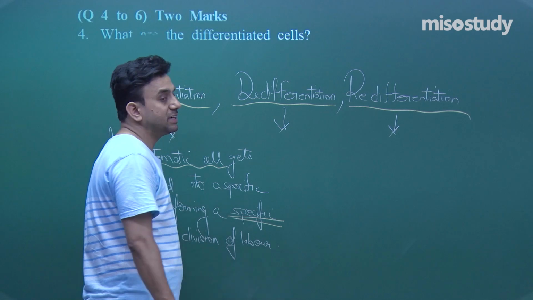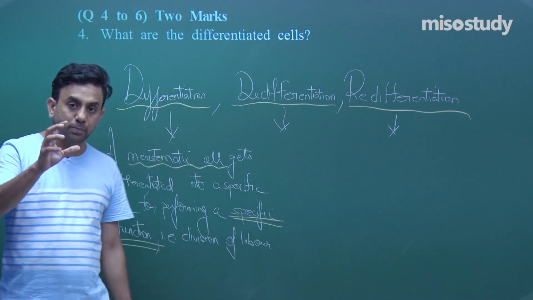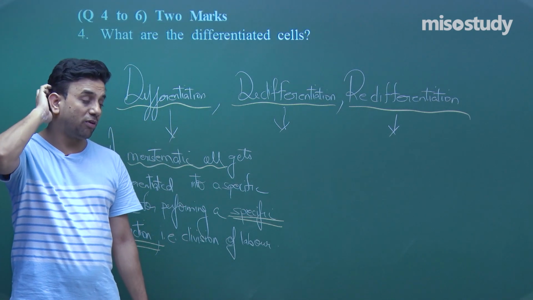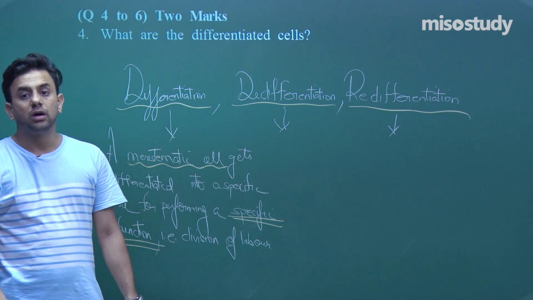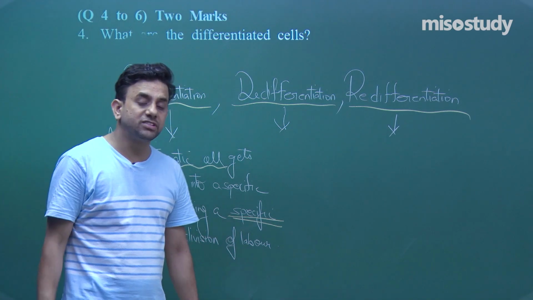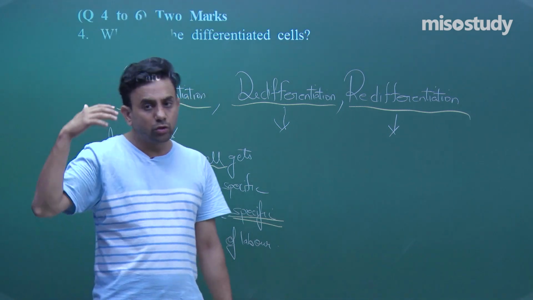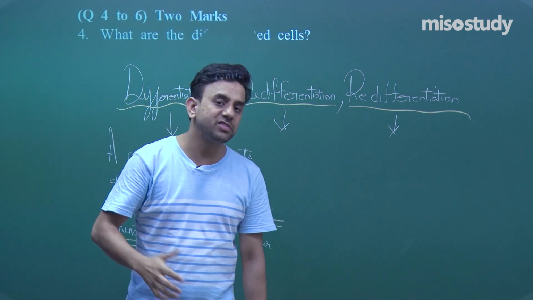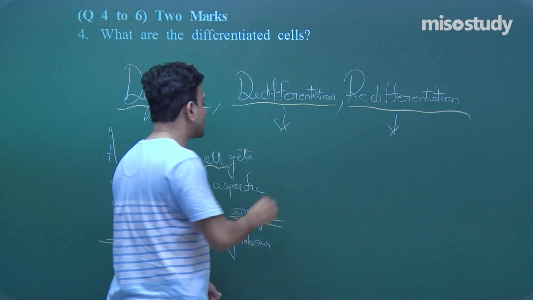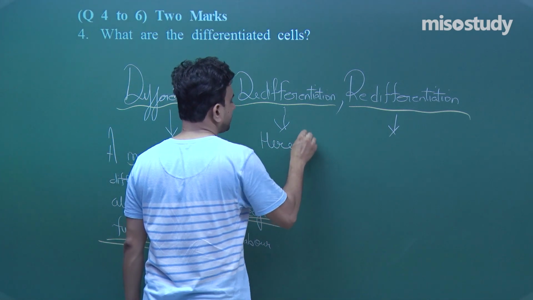In dedifferentiation, that function of protection by forming the epidermal cell is taken back, and it is told, you get back into the meristematic state, you divide again, and maybe you will perform a specific function after that.